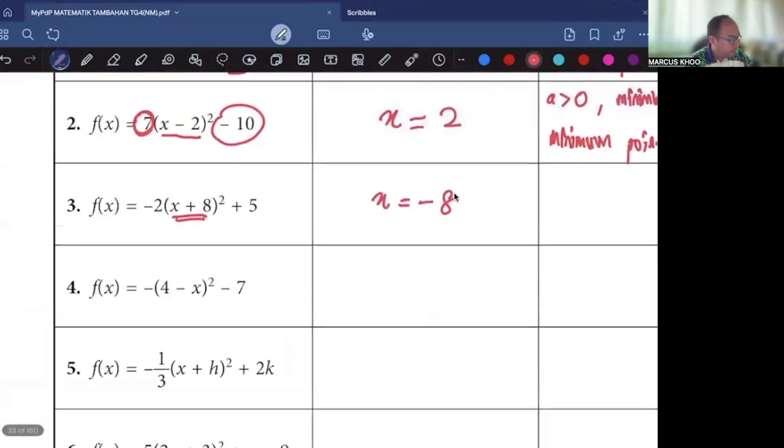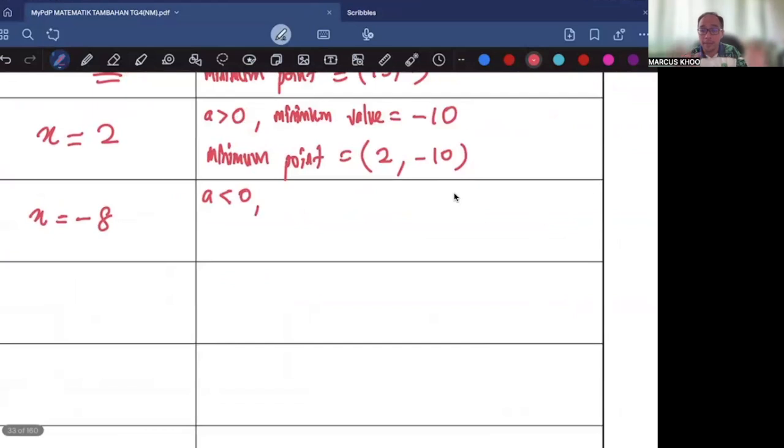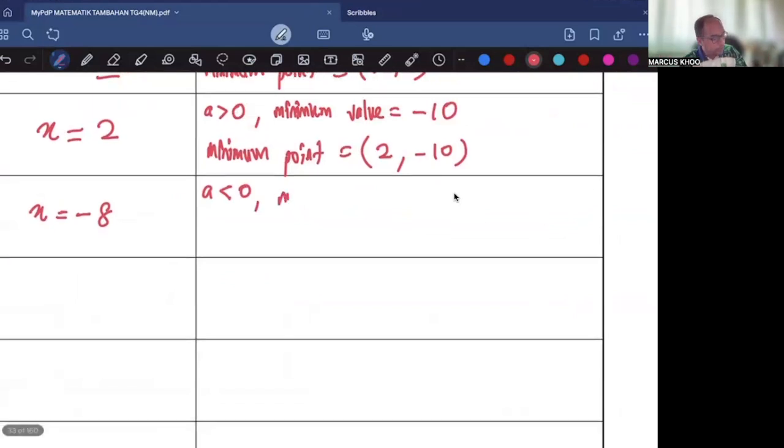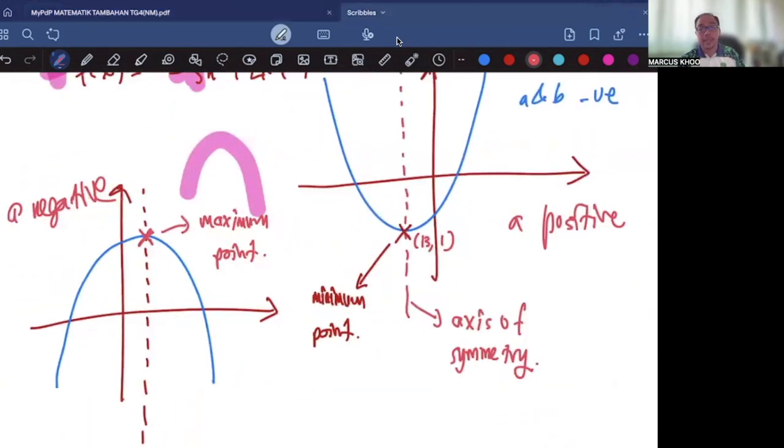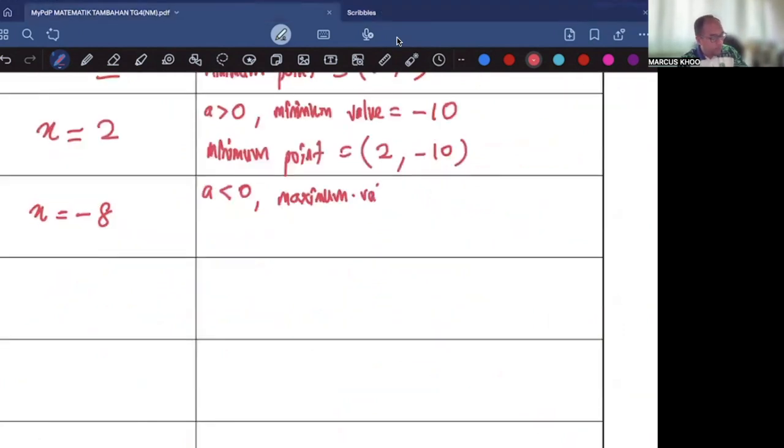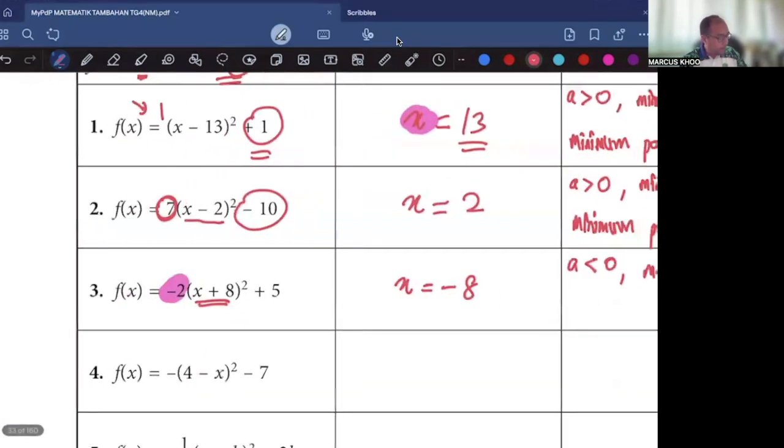Finally, this is a negative number. So a is less than 0. If a is less than 0, it's not a minimum graph anymore. It's a maximum graph, which means the graph looks like this. So the maximum value, we take from the number at the back, bringing the positive together.